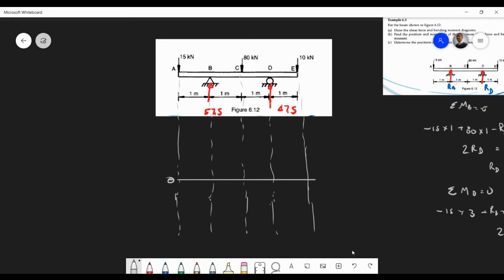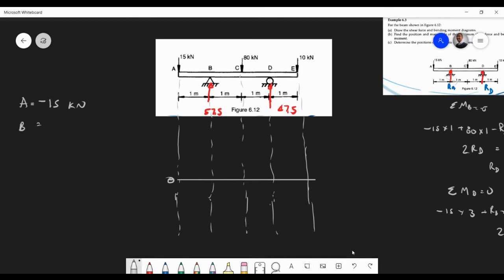We look at each section. So we start at A. We look at all the forces acting on the beam at a particular section. Here we have 15 kilonewtons, but that's going downwards, so at A we have minus 15. We have to make sure we get our signs right. If the force is going upwards, we say plus.